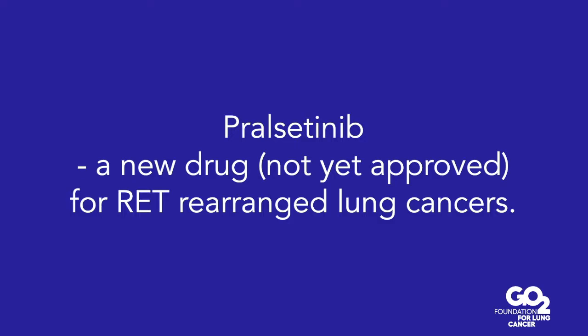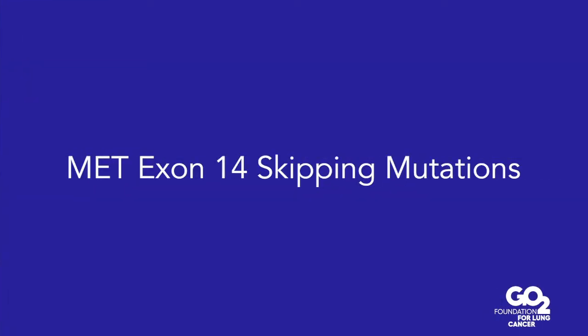It elicits responses for patients who have brain metastases, so it crosses the blood-brain barrier. That drug was approved recently. We have another drug called Pralsetinib for RET rearranged lung cancers. It's not yet approved, but it is also an oral therapy showing good response rates.